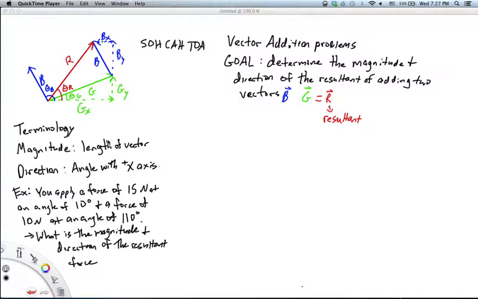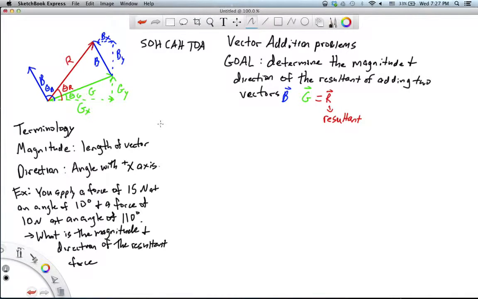I'm just going to go over really quickly what these words mean. I think there's some confusion about my terminology. When I ask what is the magnitude of a vector, I mean what's the length of this vector. If I apply a force to the right, I have a vector that represents it mathematically, and that's a 10 Newton force to the right.